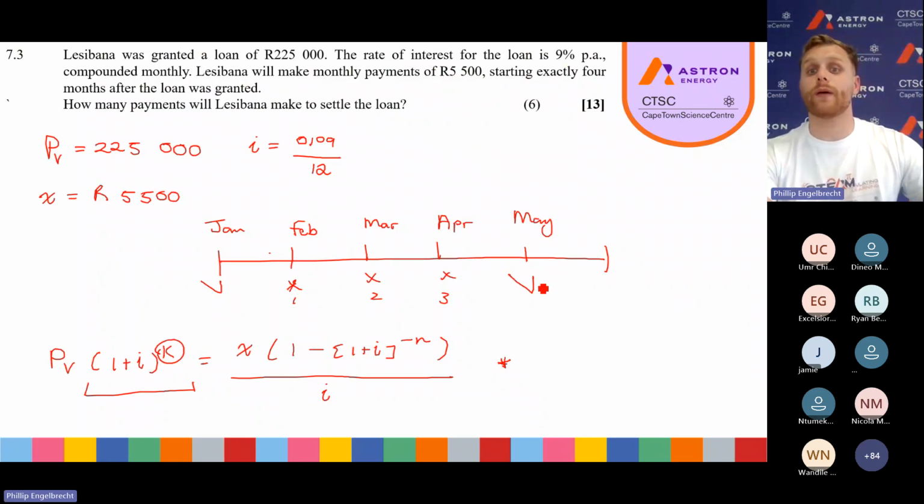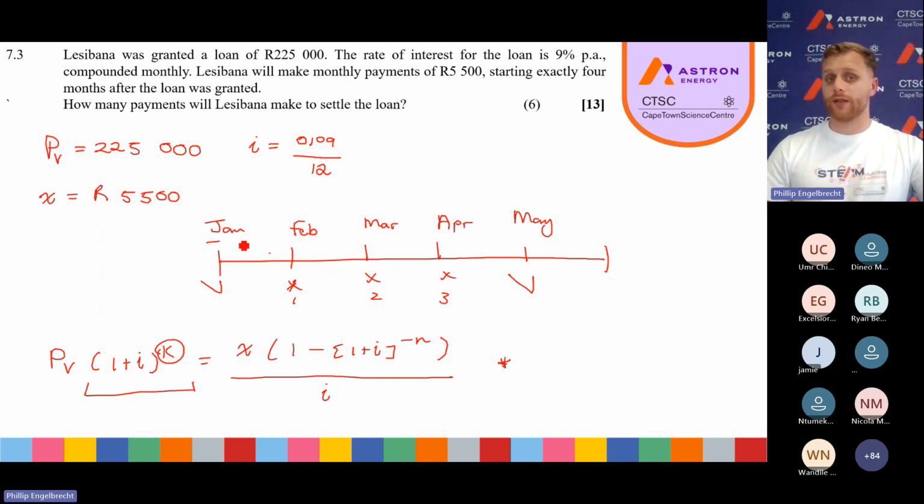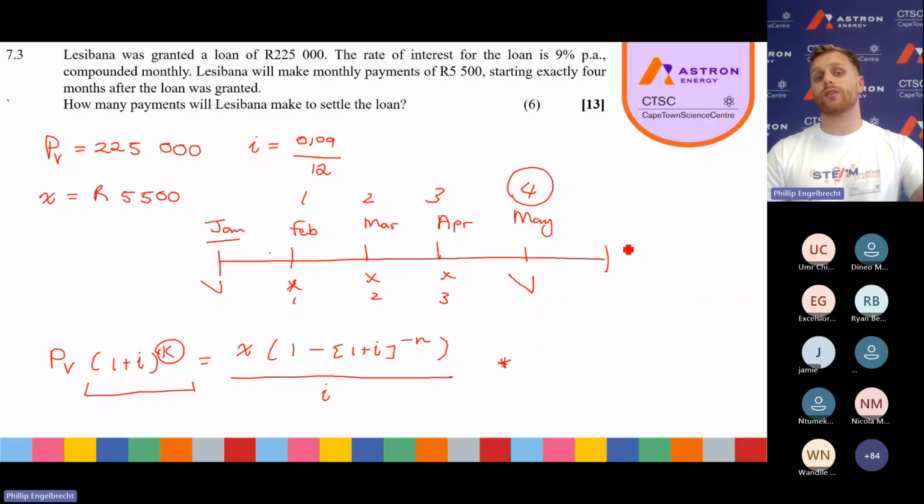They said you start paying on the 4th month. So look, in January, this is when I got my loan. February, March, April, May. So this is the 4th month. I missed the 1st month, the 2nd month, the 3rd month. I only started paying on the 4th month. So how many payments have I missed? I've missed 3 payments.